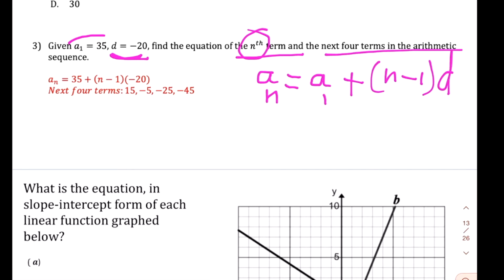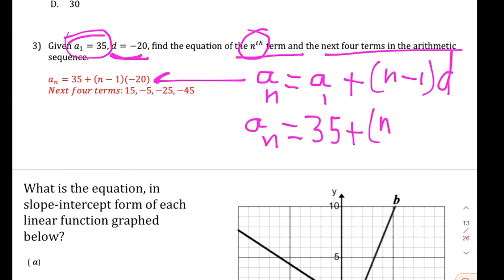This is your formula. And then you substitute. So an equals, a1 is given 35, so you put 35 here, plus n, you leave it n. You don't need to worry about n, because they said the nth, they didn't say the 10th or the 20th, so you leave it n, times d, and d is negative 20.